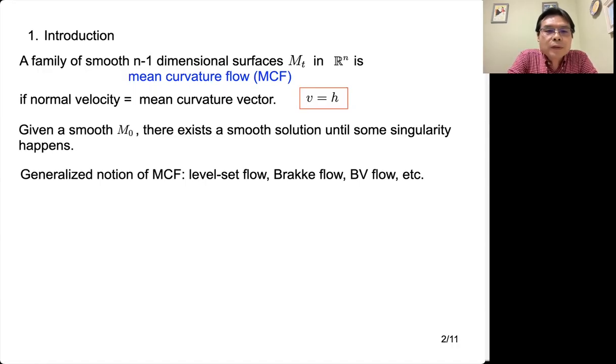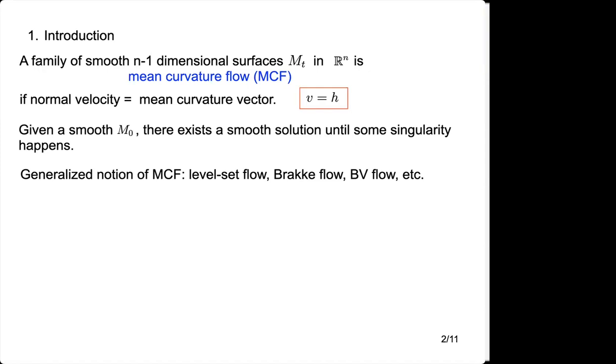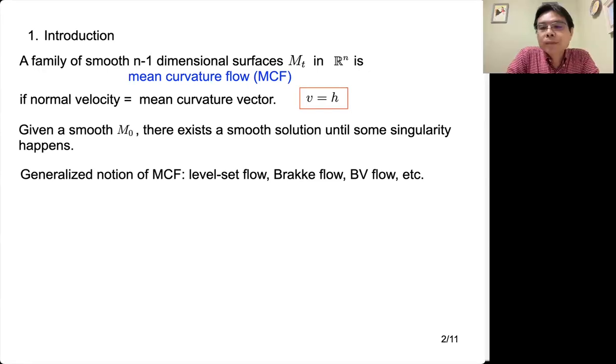One of the most famous is perhaps the level set flow, studied by Evans and Spruck, and Chen, Giga, and Goto, and others. There is also the notion called Brakke flow, invented by Brakke in the 70s, so that's a while ago. There are also others such as BV flow and many others.